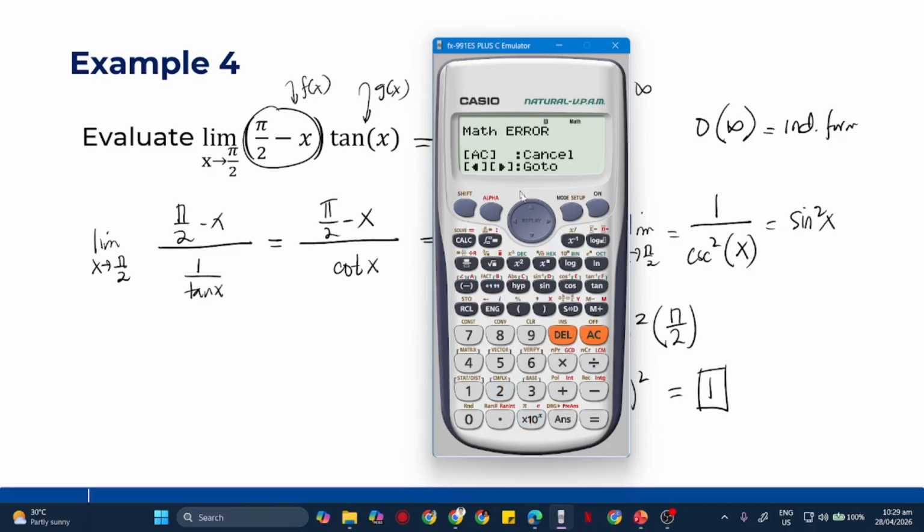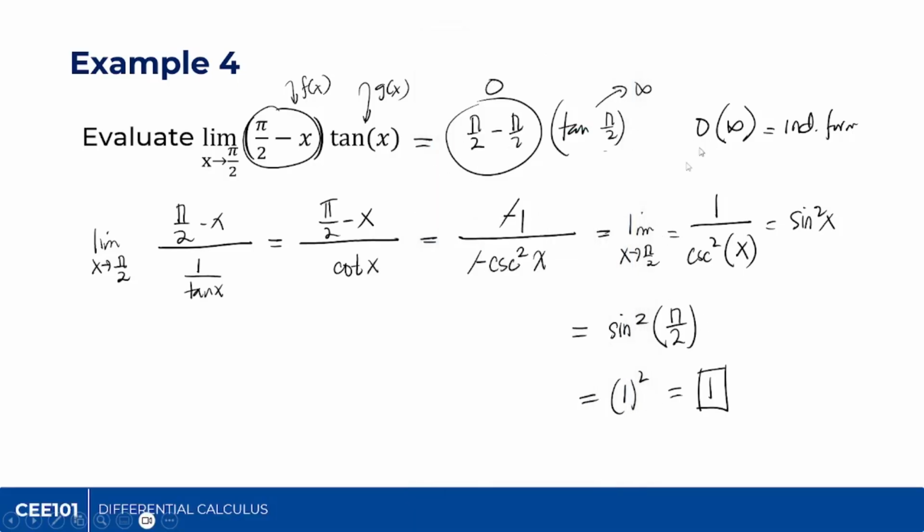Math error yan, kasi pi over 2 exactly. Pero kapag pi divide 2, tapos mag-add tayo ng 0.0001, we are approaching pi over 2 and not exactly pi over 2, you would get approximately equal to 1. So, 1 talaga yan. Sagot yan. Okay? So, I hope nakuha nyo, no?